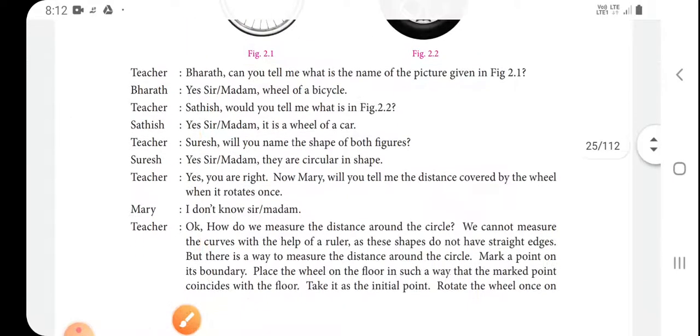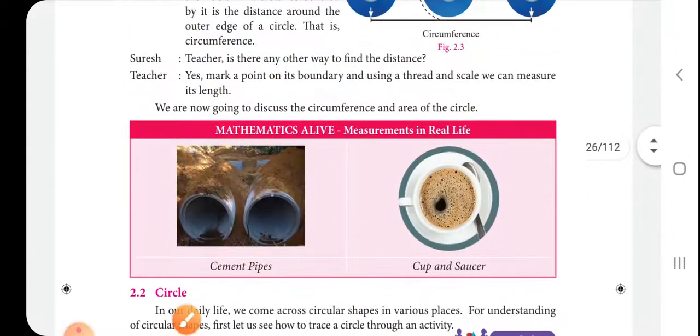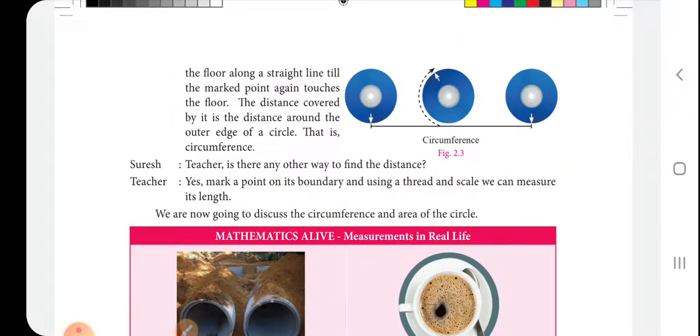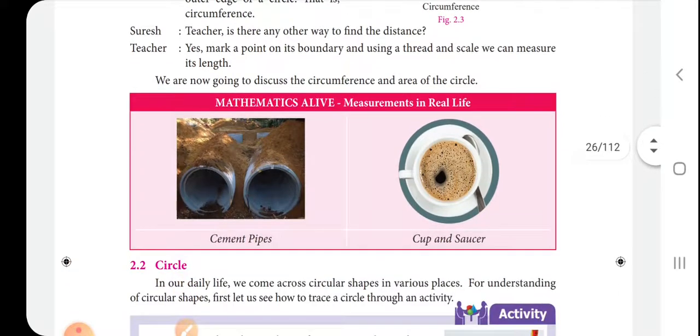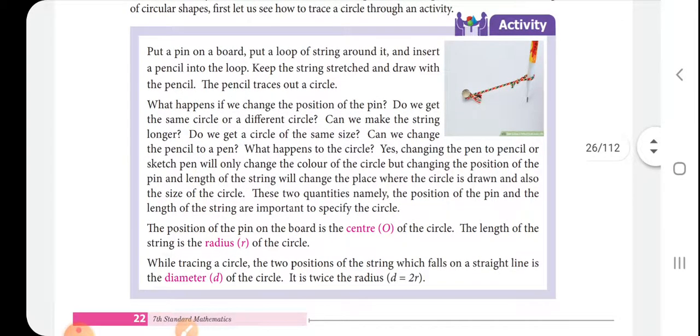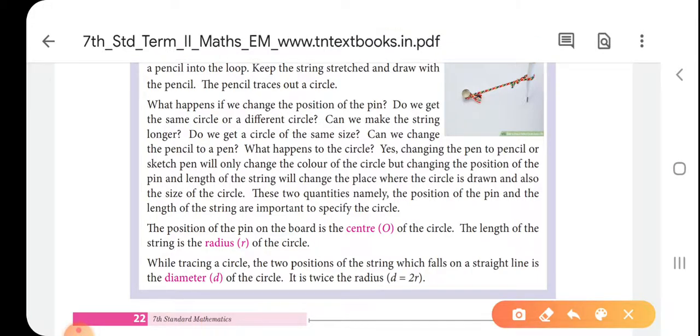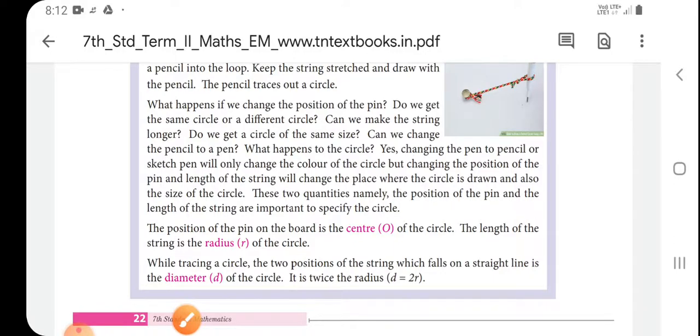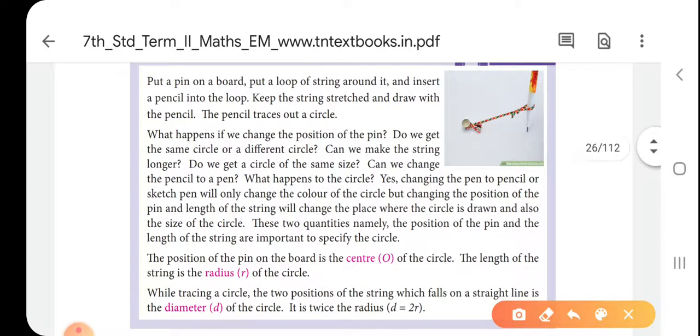Now, you already know the circle has a center. From that center, we have to draw at a constant distance. The constant distance is called the radius. Here it is the position of the pin of the board, so this diagram represents the position of the pin.